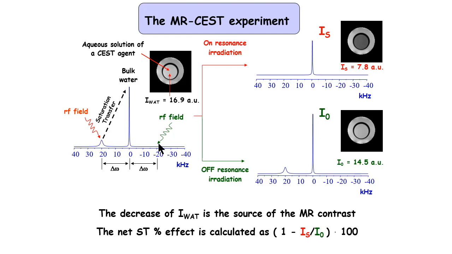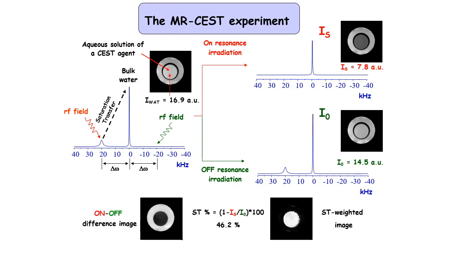In this way, one can overcome the contribution coming from the direct saturation effect, as well as keep in account other contributions that are eventually present, such as those often related to magnetization transfer.